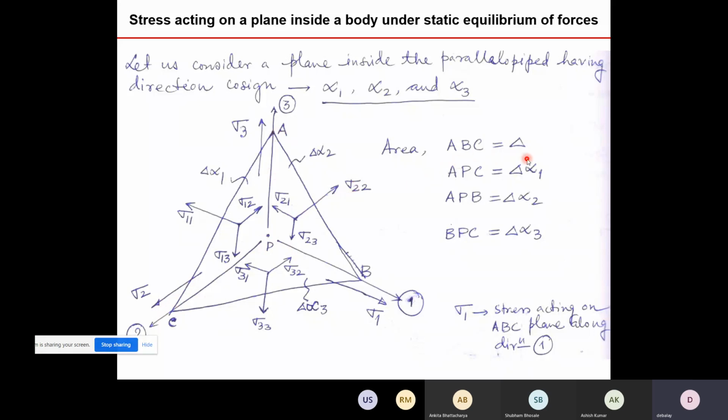ABC has area delta, APC has area delta alpha 1, APB has area delta alpha 2, BPC has area delta alpha 3. The direction cosines of that inclined ABC plane are alpha 1, alpha 2, alpha 3. Body under static equilibrium.